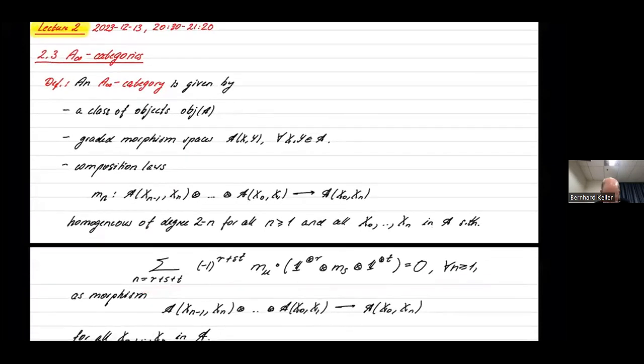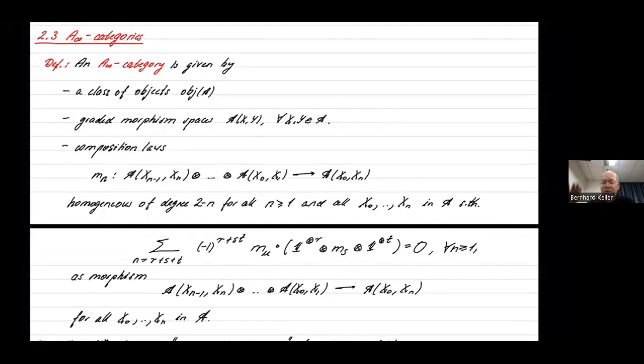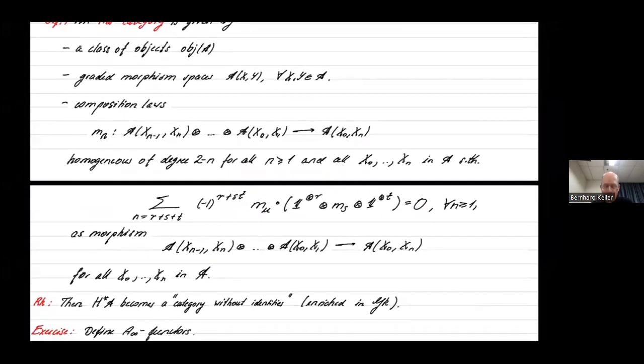And they satisfy exactly the same A-infinity equations, same infinite system of quadratic relations, but now instead of being morphisms from A tensor n to A, they are morphisms from this tensor product of morphism spaces to A(x0, xn), but formally it is exactly the same equation. And again, we can take homology.